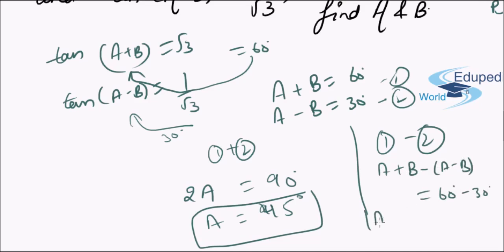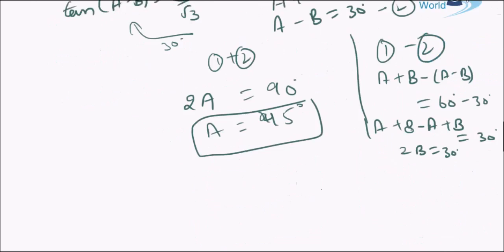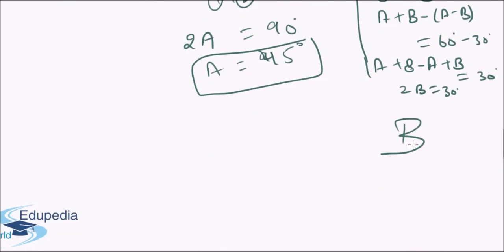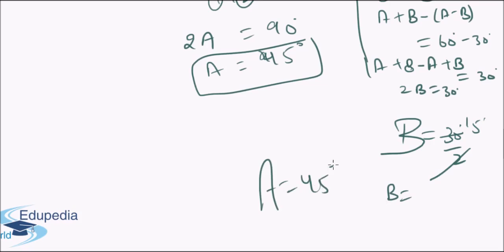So a plus b minus a plus b equals 30 degree, that is 2b is 30 degree, or b is 30 degree divided by 2, which is 15 degree. So all in all, we have a as 45 degree and b as 15 degree.